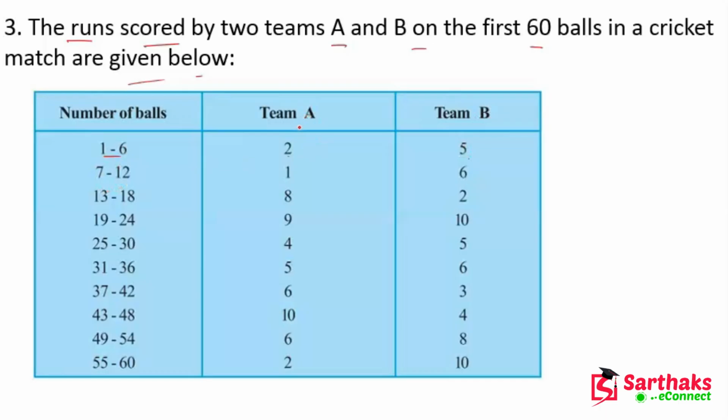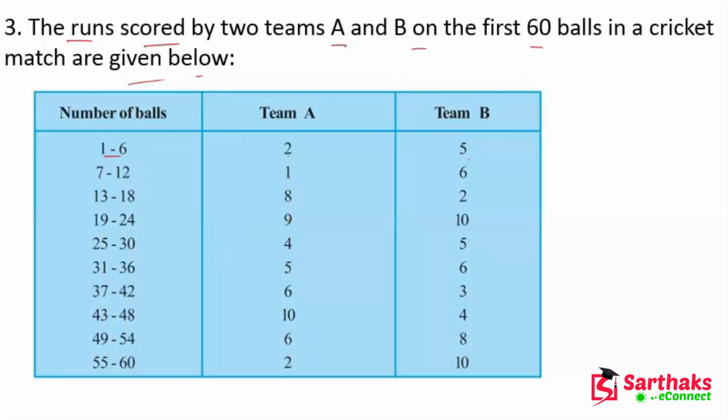Team A scored 1 run between balls 7 to 12. Similarly, team B scored 6 runs, and so on. I hope you understand these things.